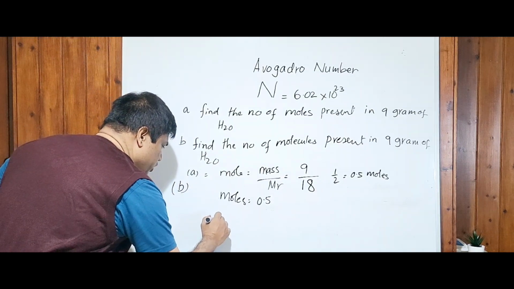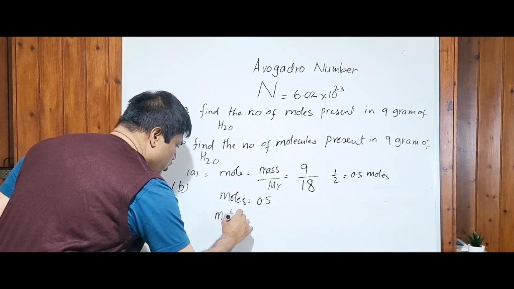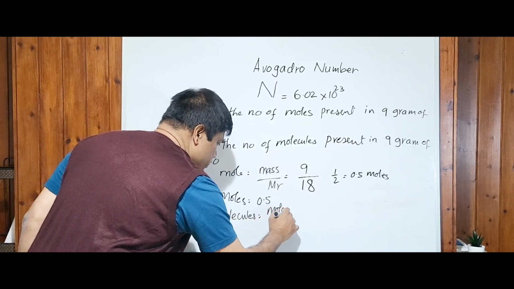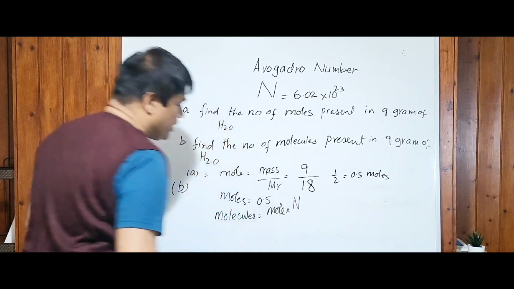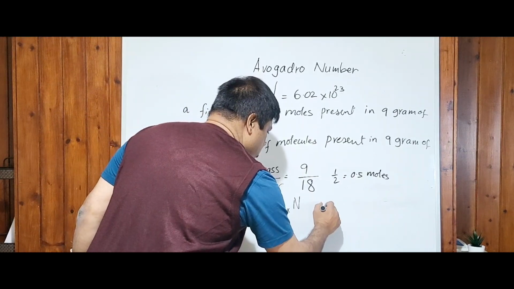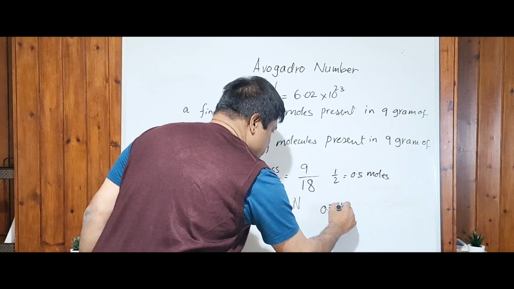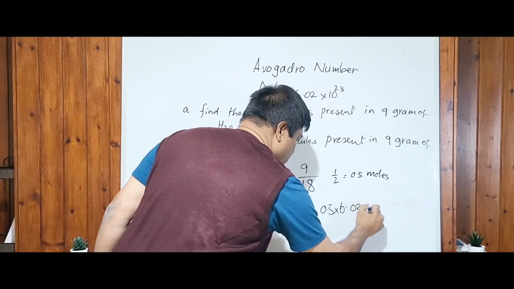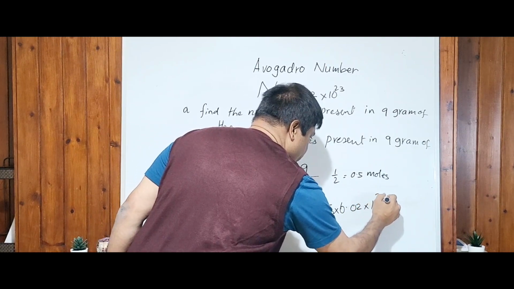So number of molecules is nothing but mole times Avogadro's number, which is nothing but 0.5 times that Avogadro number, 6.02 into 10 to the power of 23.